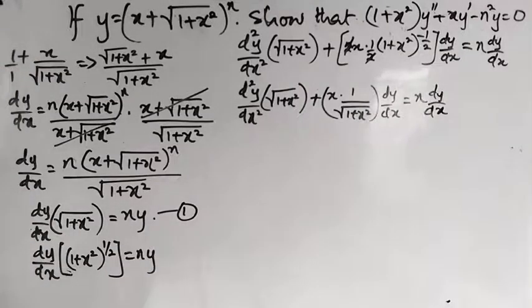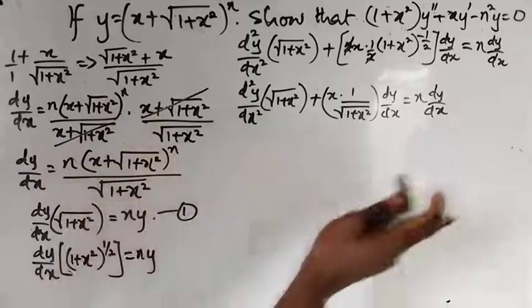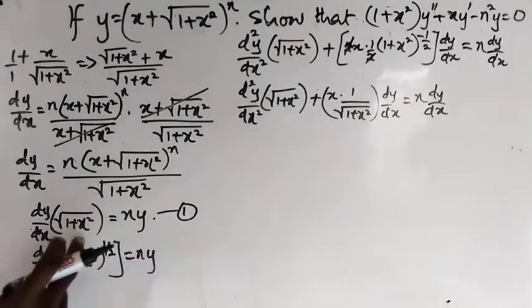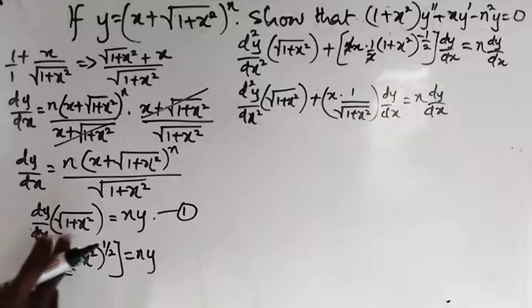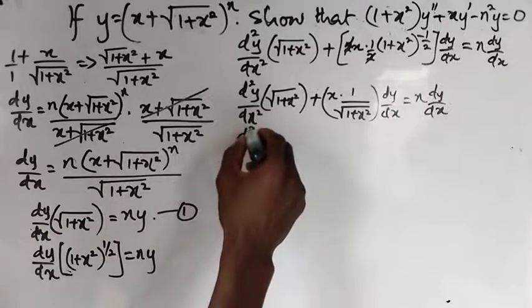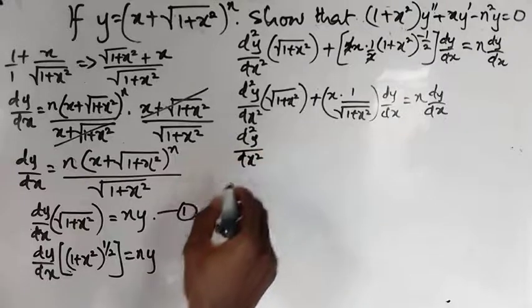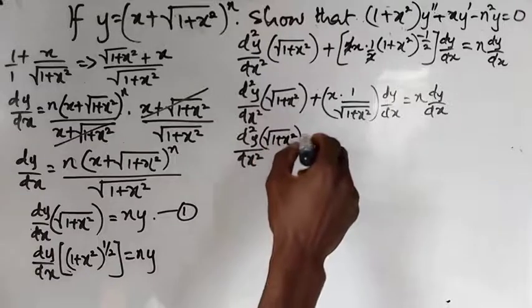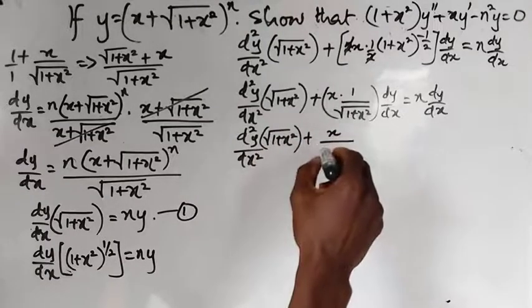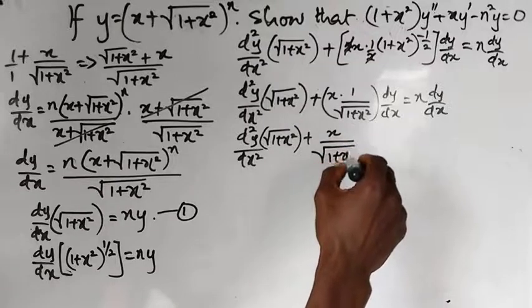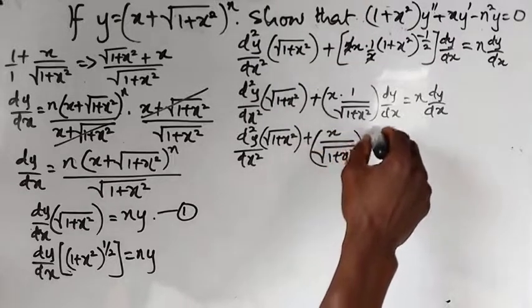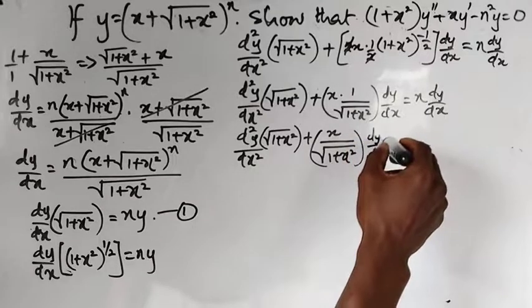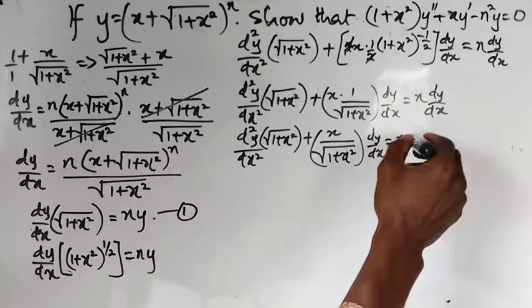Okay, all right, now let's come over here. This dy here, from this, let's make dy the subject of formula. So making dy the subject of formula here, we have d²y over dx² times the square root of 1 plus x², then plus x over the square root of 1 plus x², all times dy/dx, then equals n.